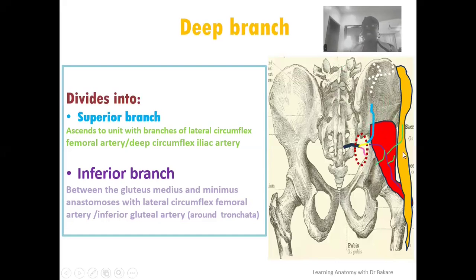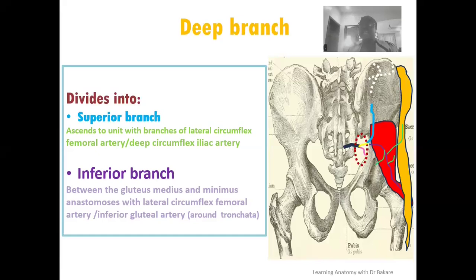So these are the three branches that would emerge from the inferior branch, from the deep branch of the superior gluteal artery. Remember that the superior gluteal artery will further subdivide into the superficial and also the deep branch. It is the deep branch that will then further subdivide into the superior and the inferior branches. And this is what we try to highlight using this slide. So you see that the inferior branch, which emerges from the deep branch, will be seen to provide supply to the gluteus medius, the gluteus minimus, and also the upper region of the tensor fasciae lata.